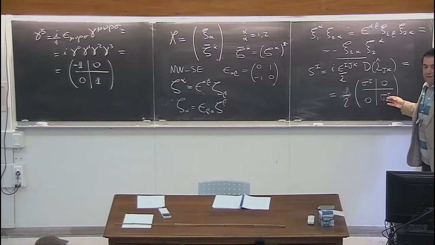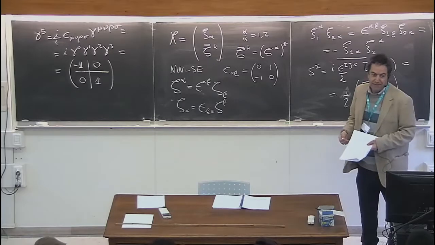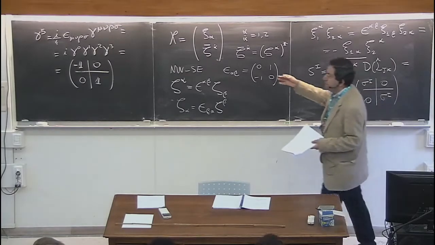So the spin acts by means of the same matrices on the upper and lower components. This is the reason why we use this notation here.